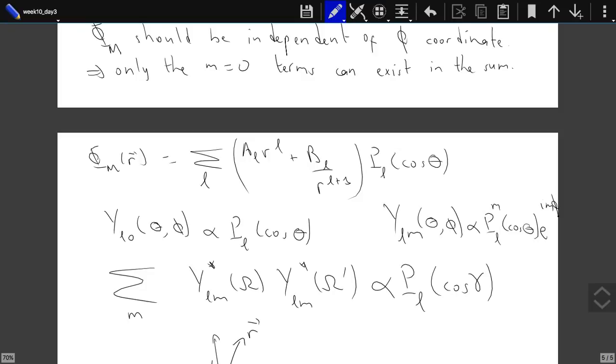So when I set m equal to 0, that exponential doesn't appear. e to the power i 0 is just 1. And P_LM, which are called associated Legendre polynomials, when you set m equal to 0, you obtain the conventional Legendre polynomials. So that's what I'm using. These are different properties of the spherical harmonics.